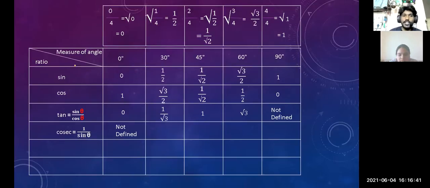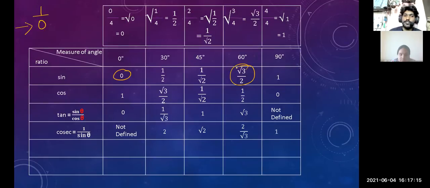Firstly, reciprocal of 0 is like 1 upon 0, and as I said, 0 cannot come in the denominator, so not defined. Reciprocal of 1 upon 2 is 2. Next, reciprocal of 1 upon root 2 will be root 2. Correct. And next, root 3 upon 2, so 2 upon root 3. And lastly, 1.